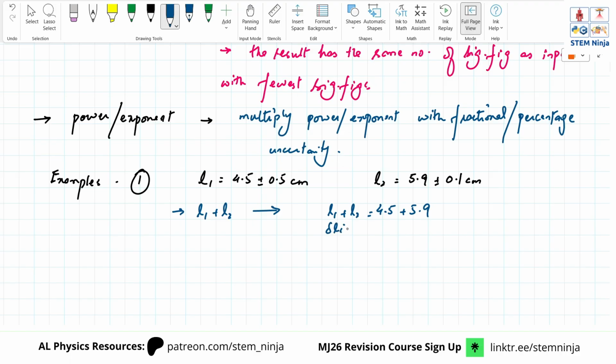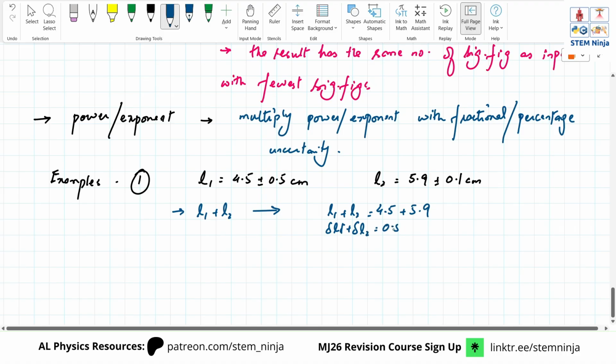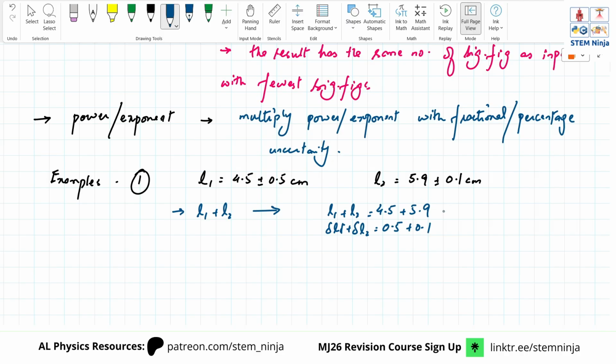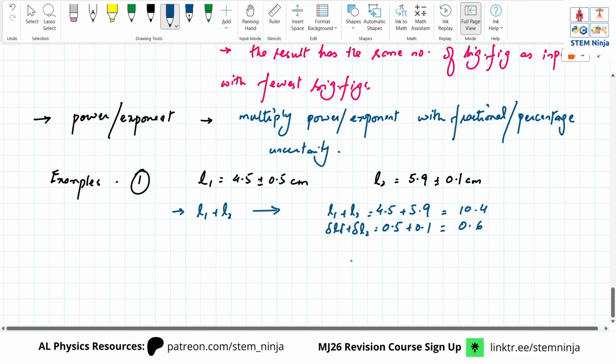But we would also need to add their absolute uncertainties. That would be 0.5 plus 0.1. So 4.5 plus 5.9 would be 10.4, and this one would be 0.6.